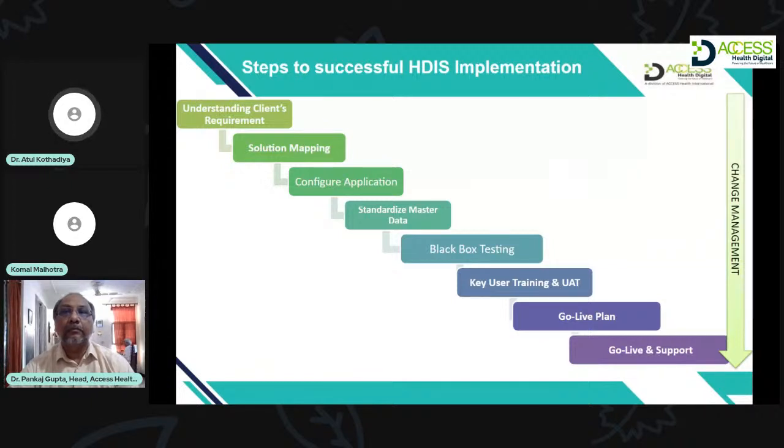First is to understand the client's requirements. In this, right from understanding the goals and business vision of the hospital organization, their clinical requirements, their technical requirements, even administrative requirements are taken into consideration.